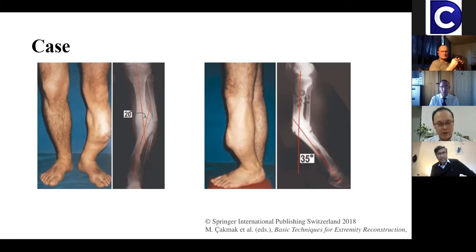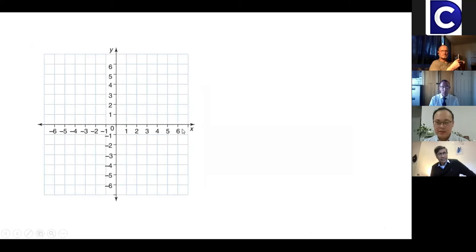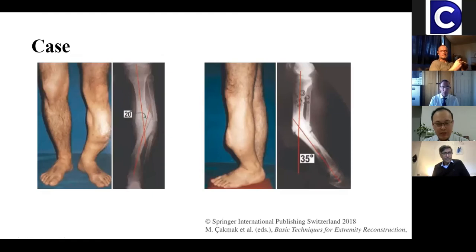So, how can we accurately evaluate the degree? We must think about the method, the graphic, or Ilizarov, or Pelly's, or some other method. Yes, somebody absolutely wants to use the C-arm.